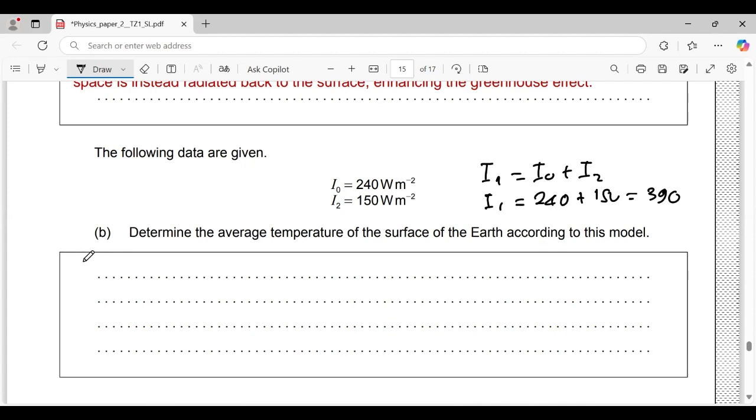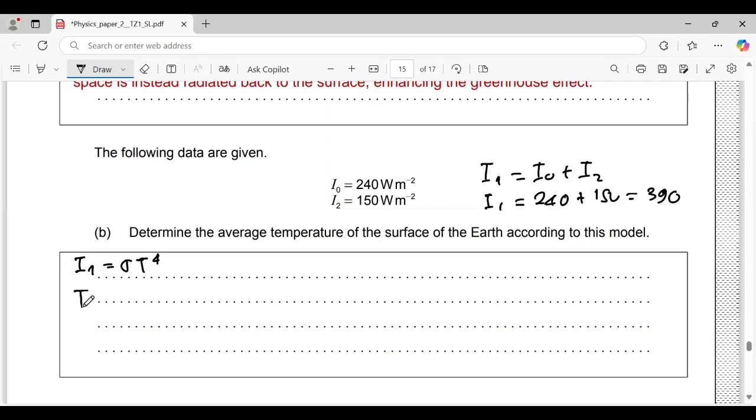Okay. And then according to the Stefan-Boltzmann law, I1 equals sigma times T to the power 4, where T is temperature and sigma is the Stefan-Boltzmann constant, 5.67 times 10 to the power minus 8.